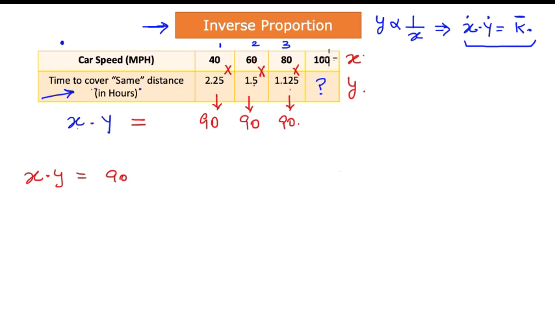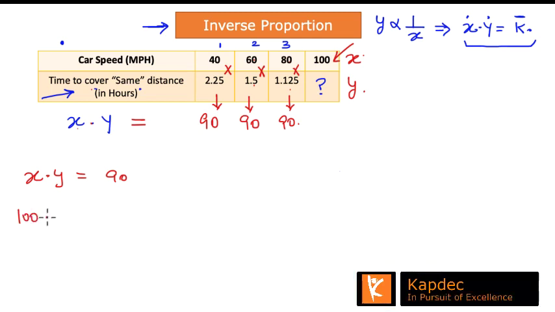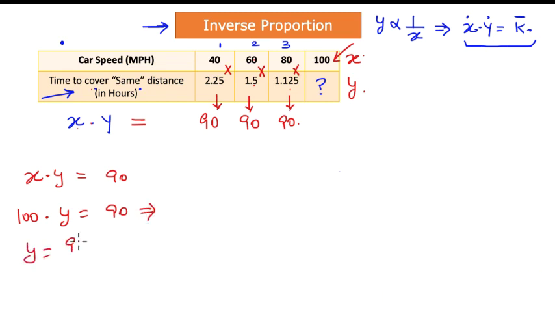Now in the fourth case, when you are given the speed x equal to 100, I'll simply put that number here. x is 100 and y is unknown, and the product has to be 90. That means y is equal to 90 over 100, which is 0.9 hours in decimals, 9/10 of an hour.